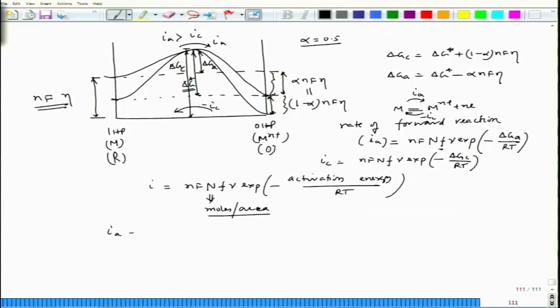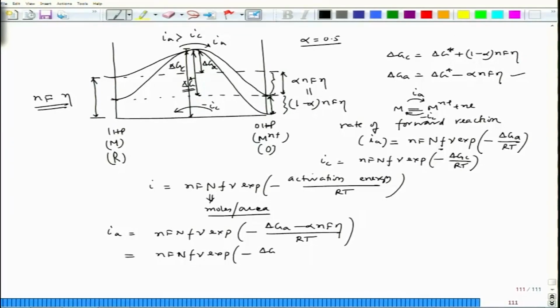Now, IA equals nF nu exponential minus delta GA. I am just replacing these values: minus alpha nF eta divided by RT. So, this becomes nF nu exponential minus delta G A by RT into exponential alpha nF eta divided by RT.